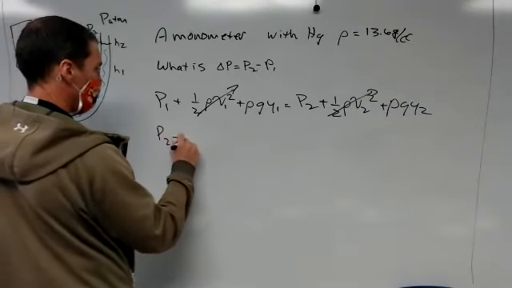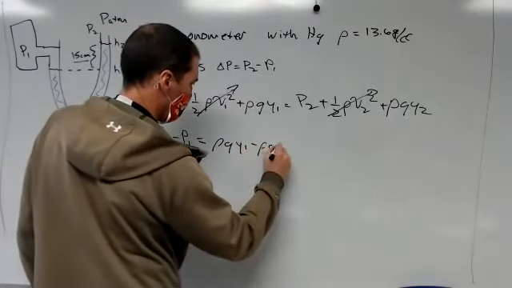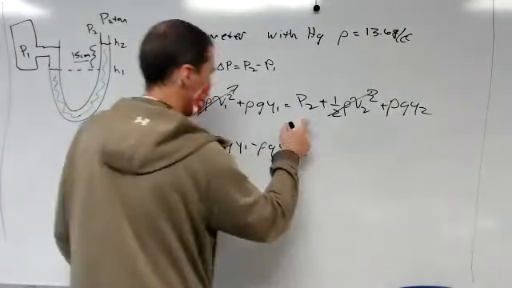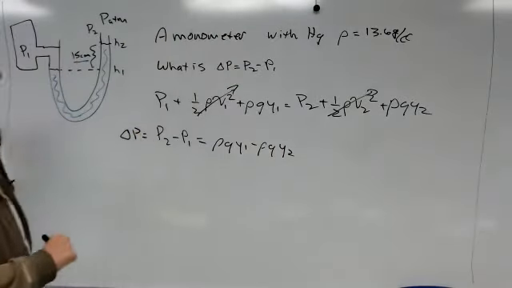So P2 minus P1 equals rho G Y1 minus rho G Y2. That is to say, I pull this term over to this side and push that one over to the other side. This is the thing I'm after, right?